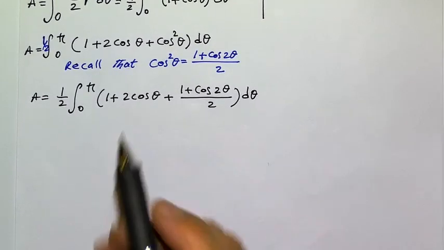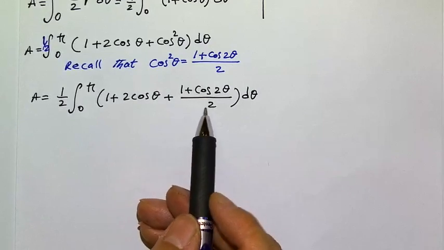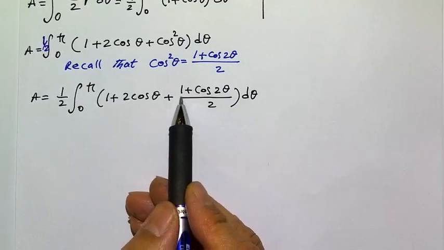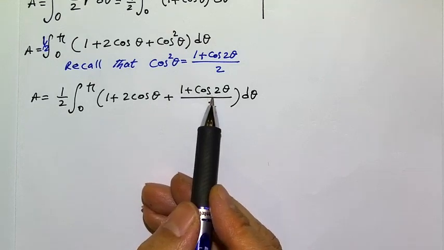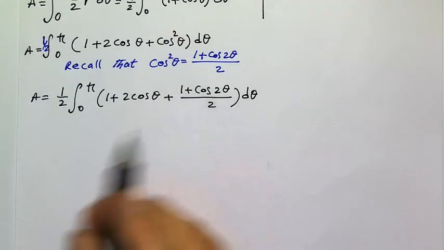Okay. All right. So now it's easier if we separate the 1/2 plus the 1/2 times cosine 2 theta. Let's separate these two terms.